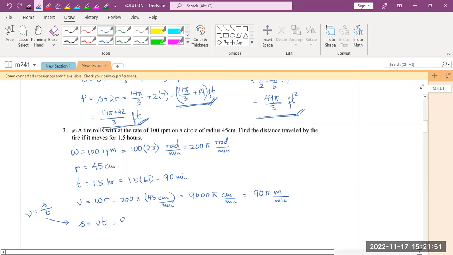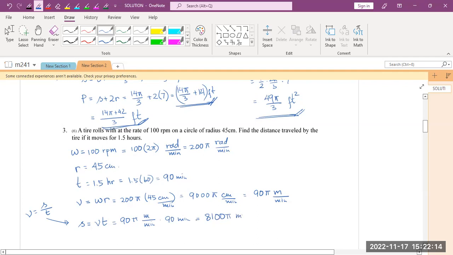So this is 90 pi meters per minute times 90 minutes, which gives 8100 pi meters.